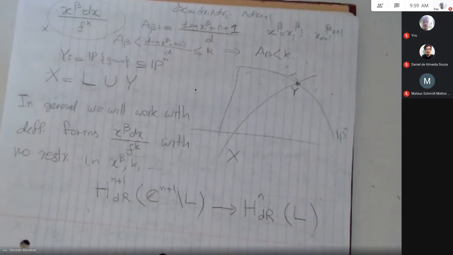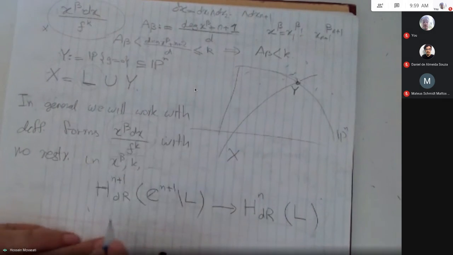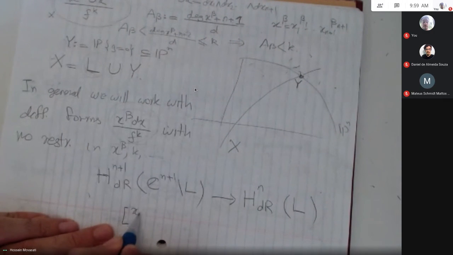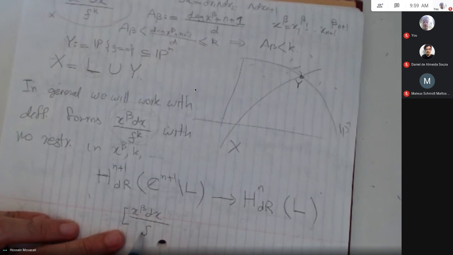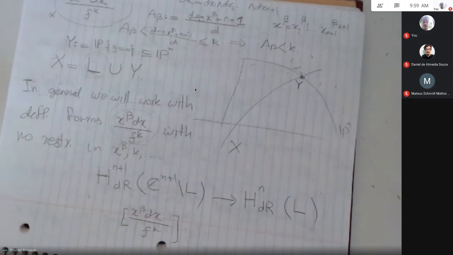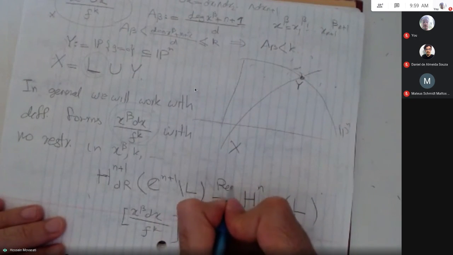These differential forms that you see here, at the end they are here. X beta dx fk. And we will need also this residue map.